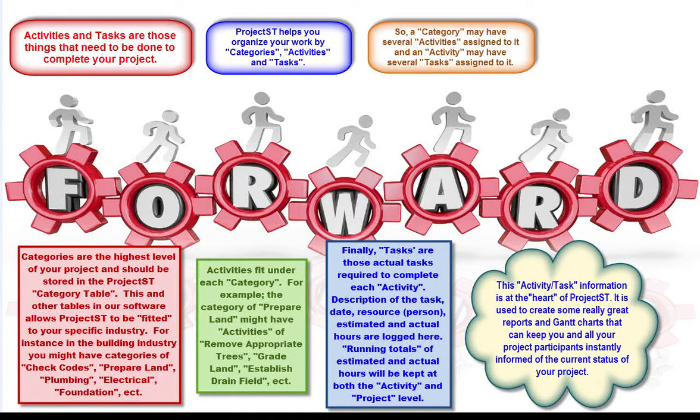These task hours, both estimated and actual, are accumulated and rolled up to the activity that they are assigned to, and also to the entire project. So Project ST tracks the progress of a project by categories, then multiple activities belonging to each category, and then multiple tasks belonging to each activity.